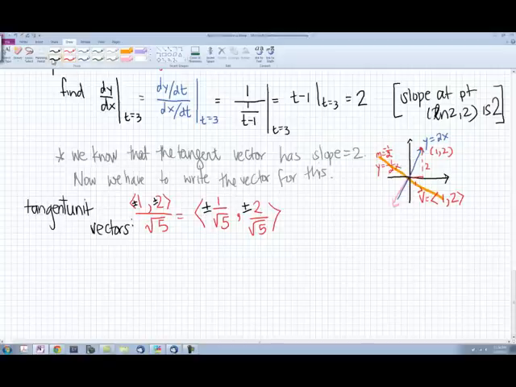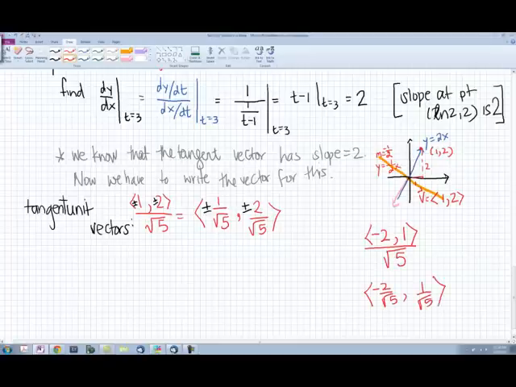Can you write me the unit vector, or the vector that is associated with this? Well, what happens when you do the negative reciprocal of the slope? You switch the x and the y, and you make it negative. So the point we can use on here would be negative 2, 1. Divide that by its magnitude, and we'll get negative 2 over radical 5, and then 1 over radical 5.